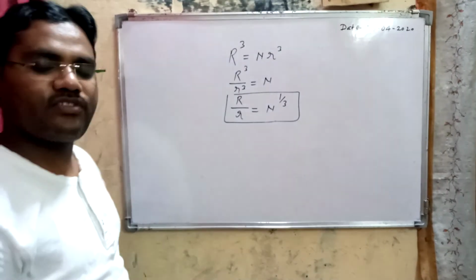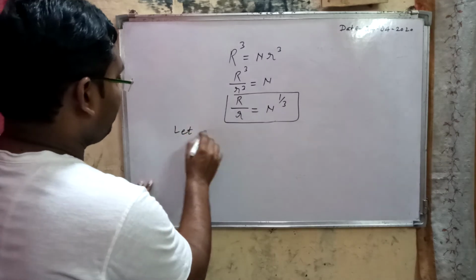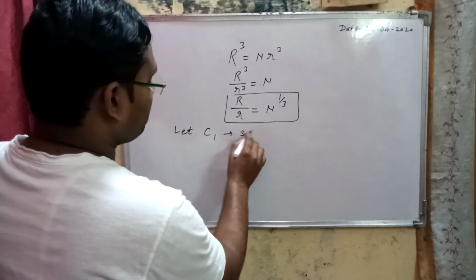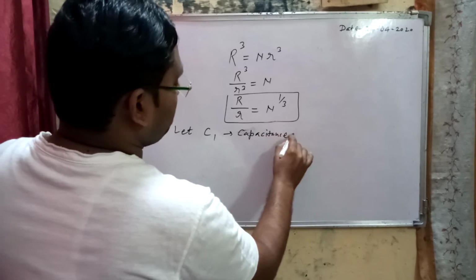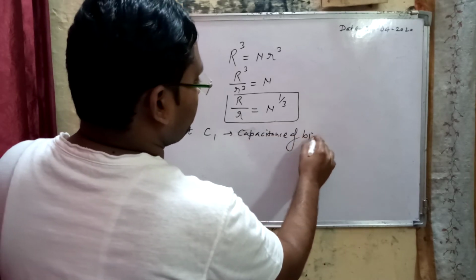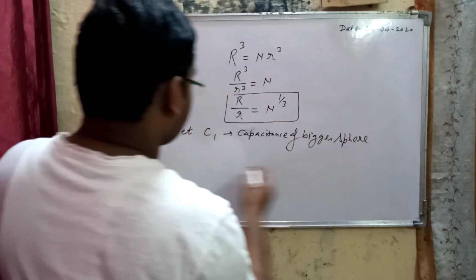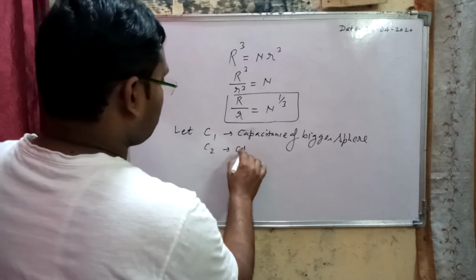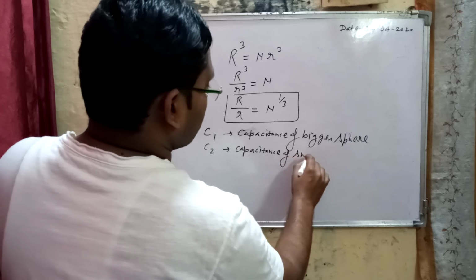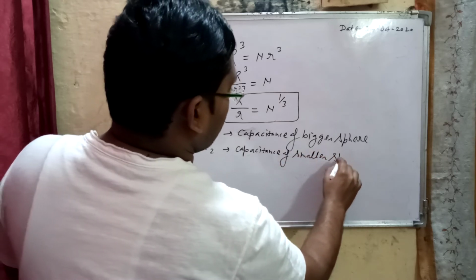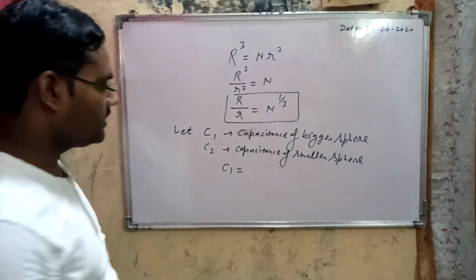What is the ratio of the capacitance of the bigger sphere to the smaller sphere? Let C1 be the capacitance of the bigger sphere and C2 the capacitance of the smaller sphere. Then what is the value of C1?